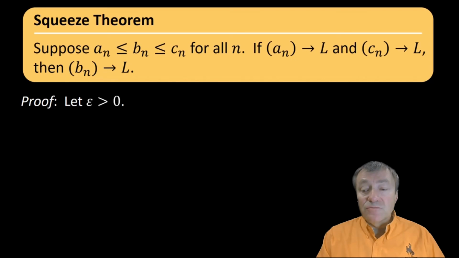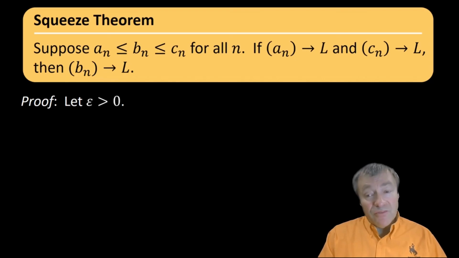We can't assume this sequence of bn's converges. We have to prove that. It's not clear how to conclude this directly, just using our previous theorems, so we do need to go back to definitions with this one. So let epsilon be positive.